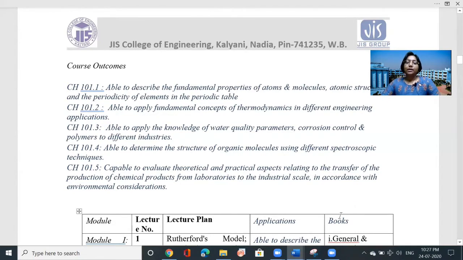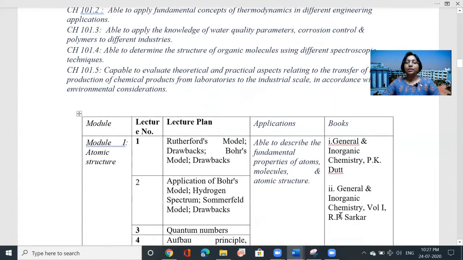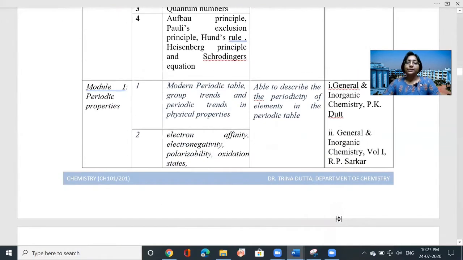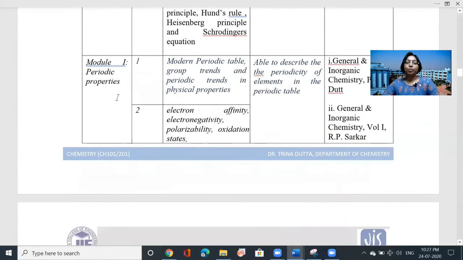Here, the entire lecture plan for the whole syllabus is given so that you can understand which topics will be covered on which day. I have started Module 1, periodic properties, and I have completed 3 lectures.